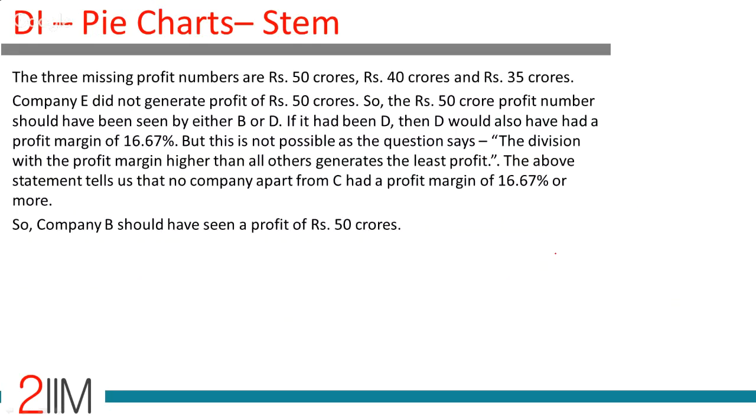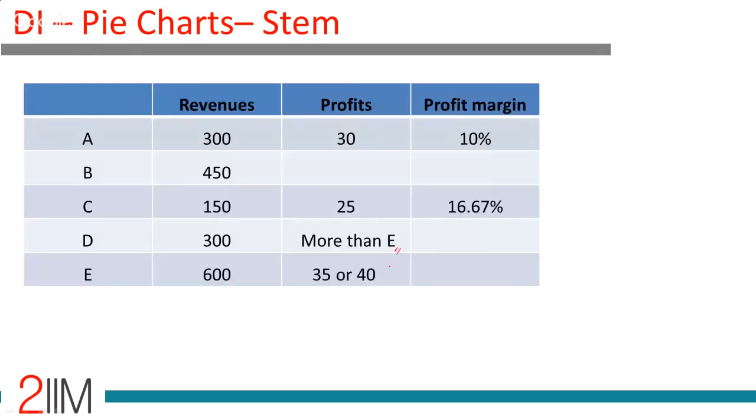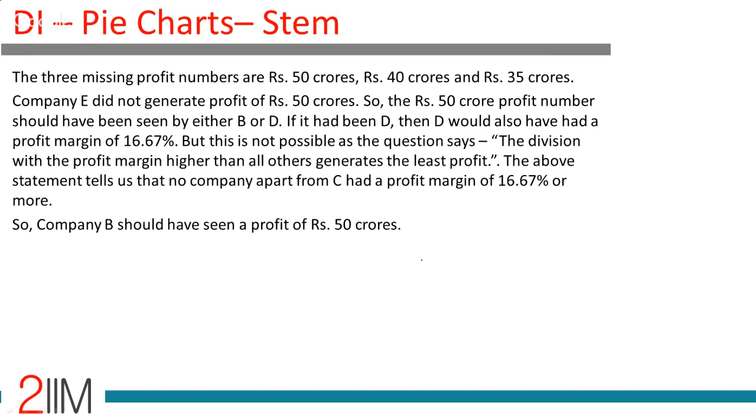Just to recap the thought process: more than E, 35 or 40, this cannot be 50. So this has to be 50. If this is 50, this is 40 and this is 35. So D cannot have seen 50 crores. That's very critical: D not equal to 50.